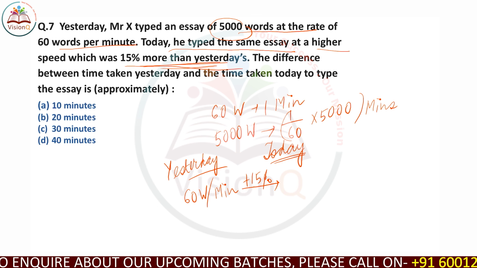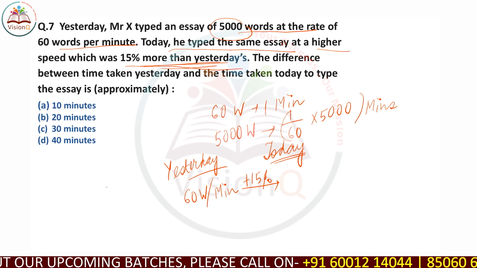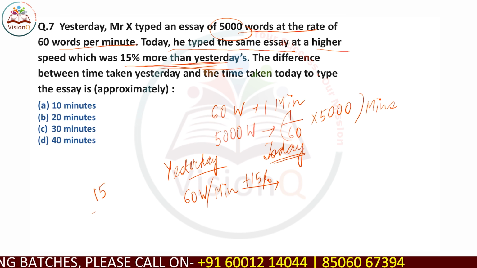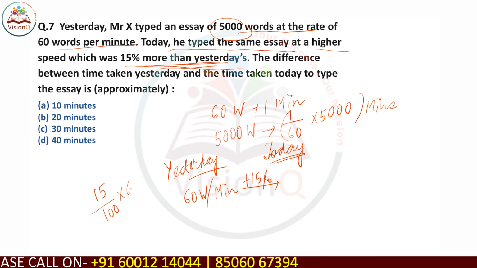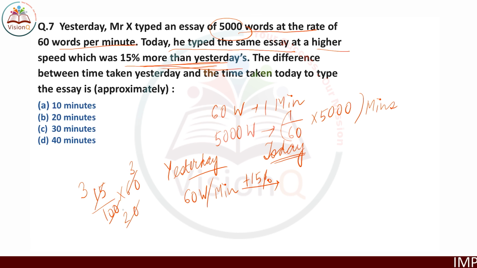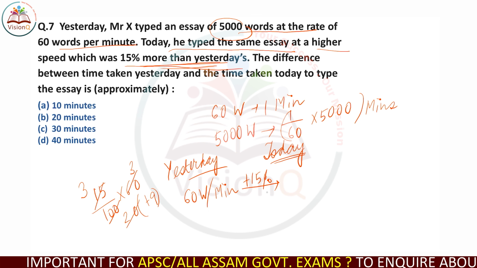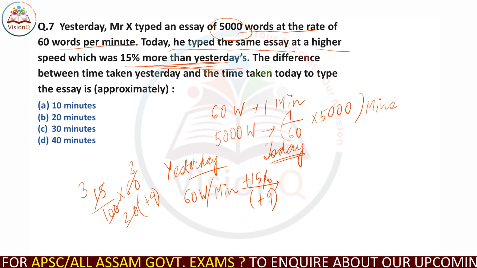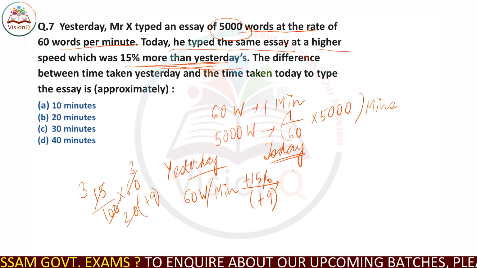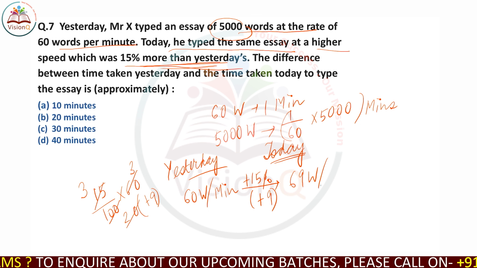So if I try to find 15% of 60, okay, 15% means what? 15 by 100 into 60. Now 5 3s are 15, 5 20s are 100. 3 into 3 are 9, so 20 into 3 are 60. So he is able to type at a speed which is 9 units more than yesterday's speed. Okay. So if I add 9 here, now today's speed of Mr. X is how much? 69 words per minute.